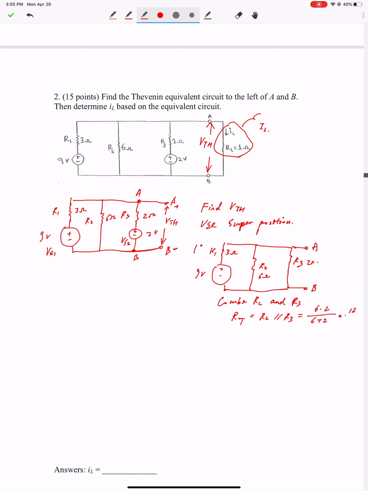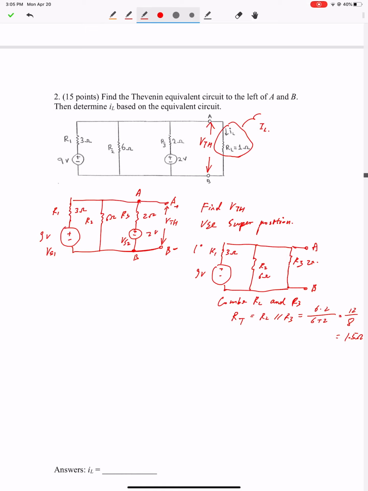That equals 12 over 8, right? And that is 4 over 3, yes, 1.5 ohms.